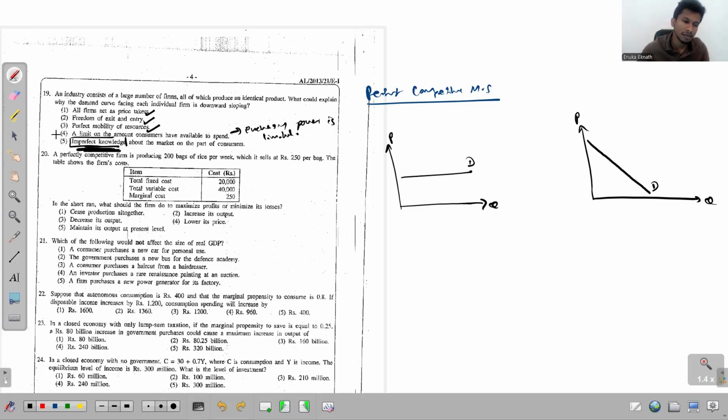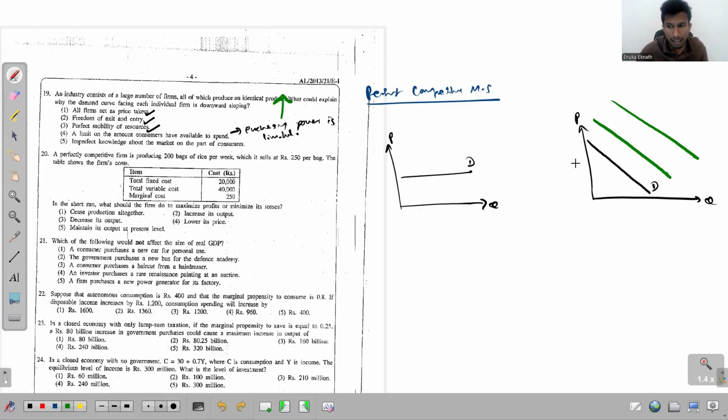But what's the meaning of this fourth one? A limit on the amount consumers have available to spend. So the purchasing power is limited. That influences the position of the demand curve, not the shape of the demand curve. For example, if the purchasing power increases, if consumers' income increases, then the position of the demand curve will change this way, but the shape will still be the same.